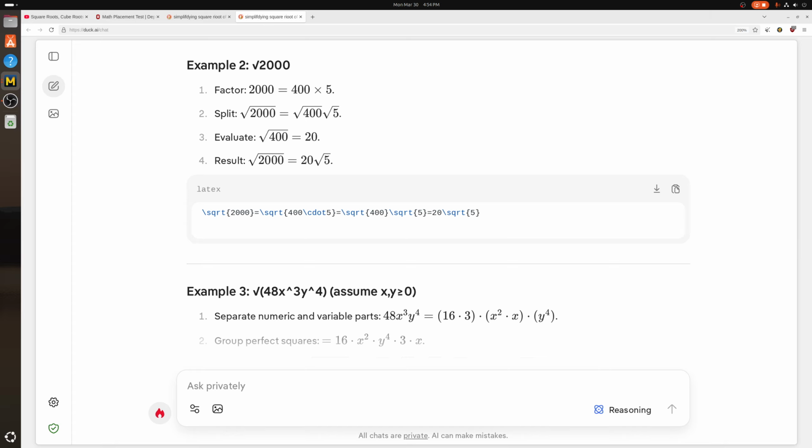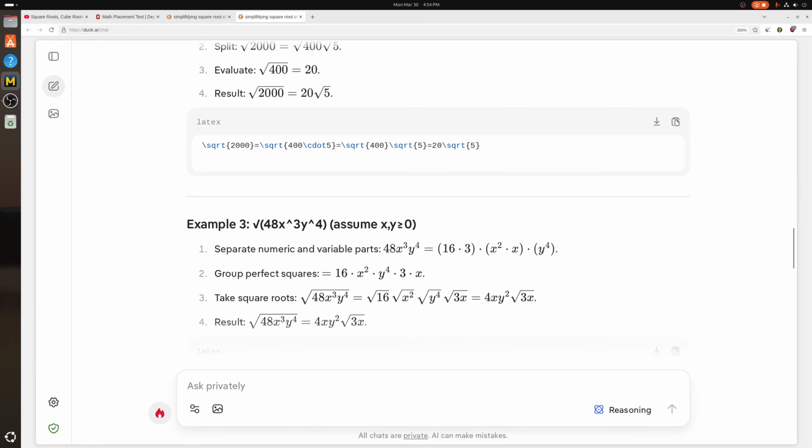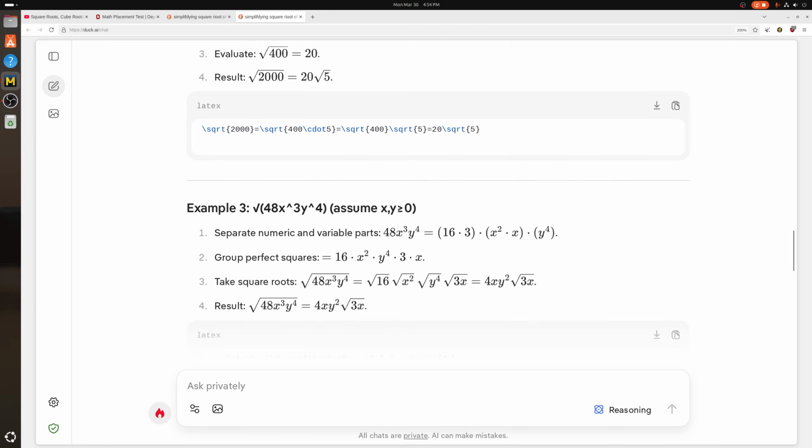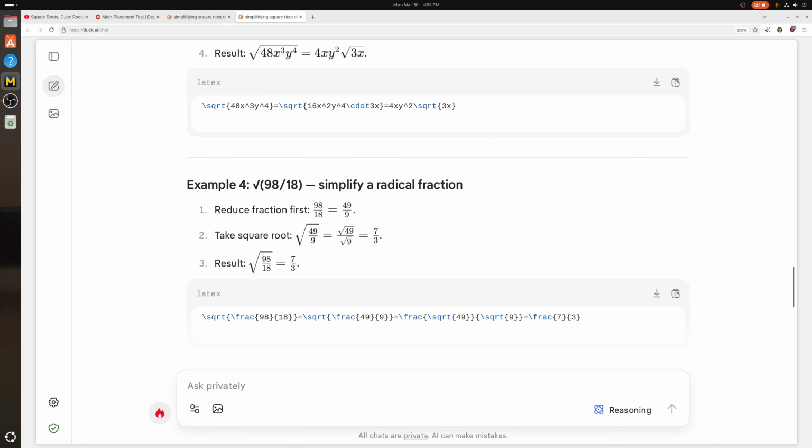Let's see this one. 48 x to the third and y to the fourth. What are we doing in this one? Separate. Assume x, y is greater than or equal to 0. What? I've never learned this in my life. Simplify radical explanation.